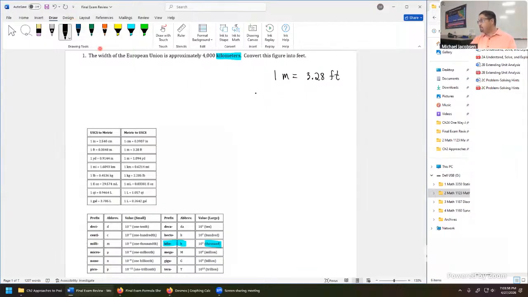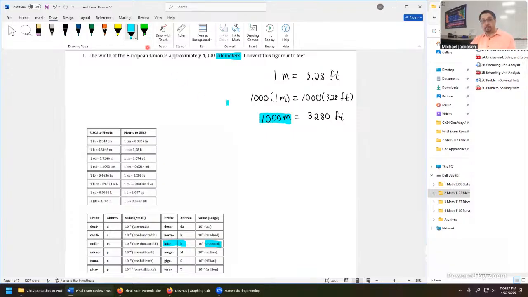So take 1,000 times 1 meter, take 1,000 times 3.28 feet. On the left, we have 1,000 meters. On the right, multiply this by 1,000. We have moved the decimal 3 spots to the right, 3,280 feet.